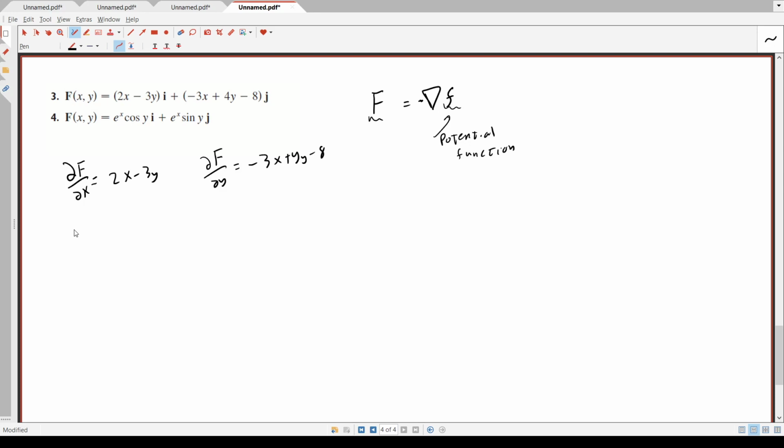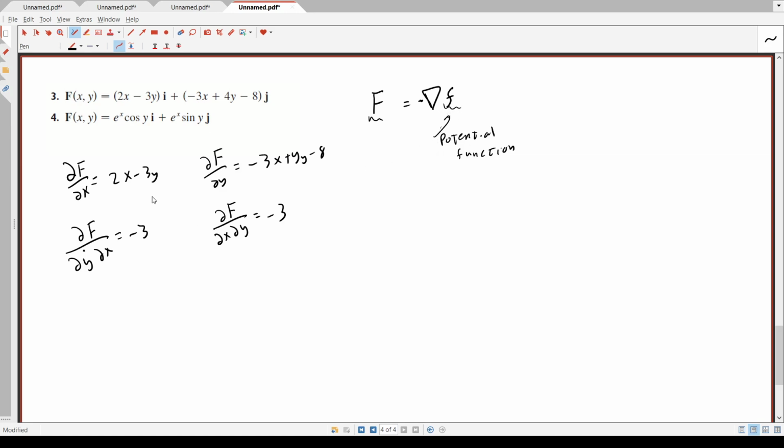The y derivative of df/dx is minus 3, and the x derivative of the other one is also minus 3. Since these are the same, I know that this exists, I can write this as something.